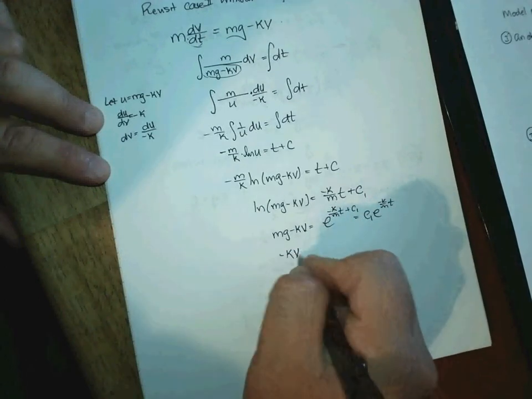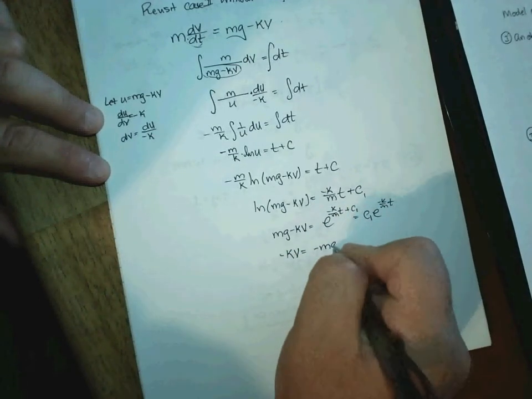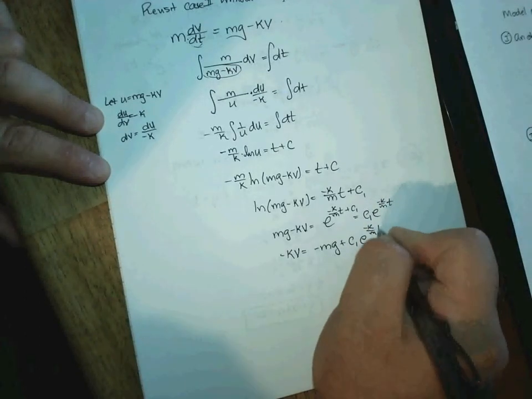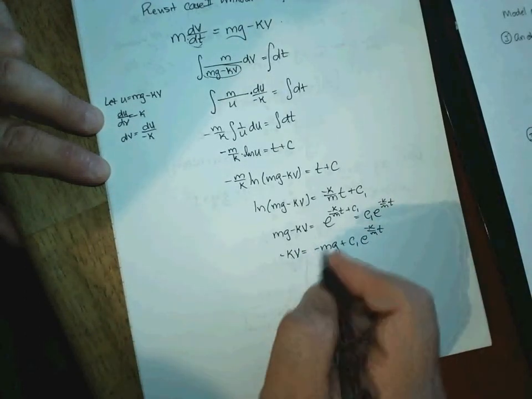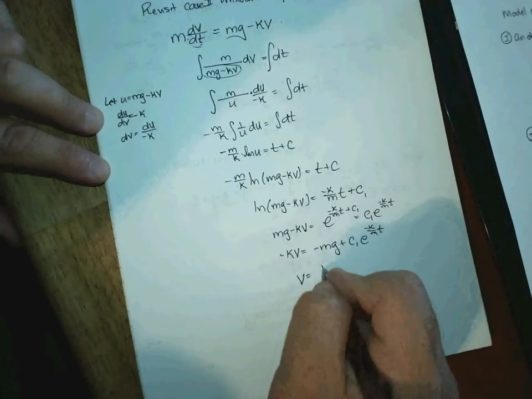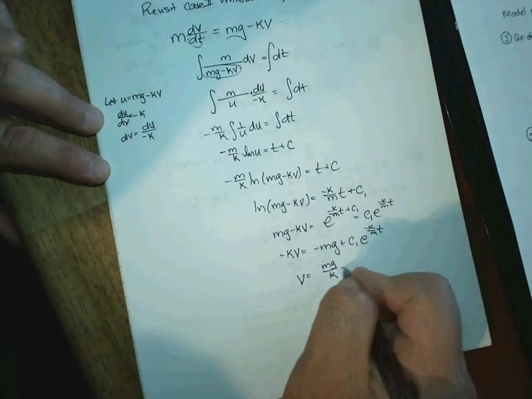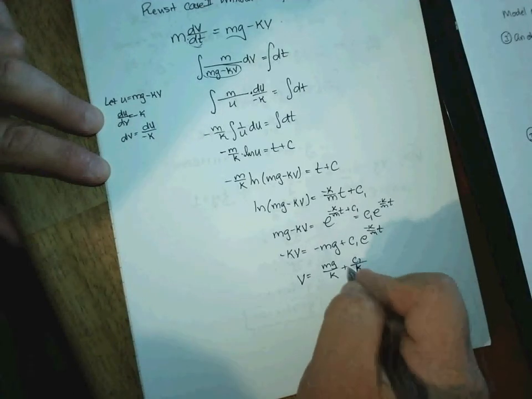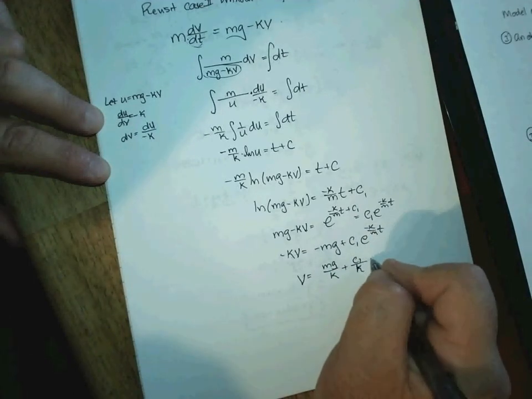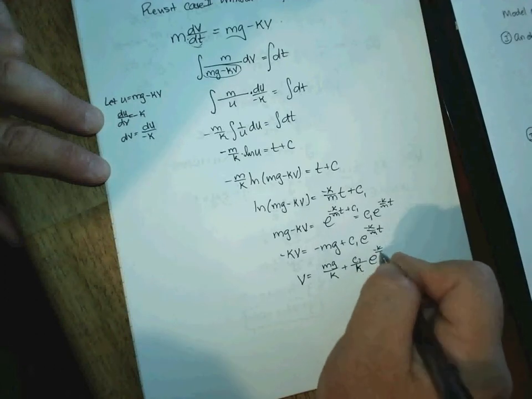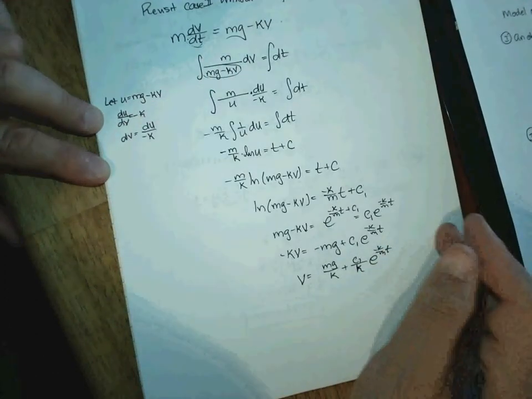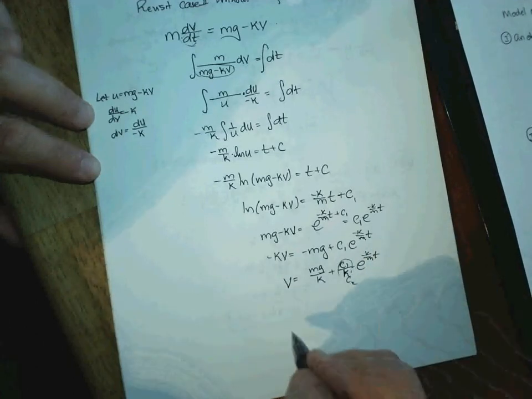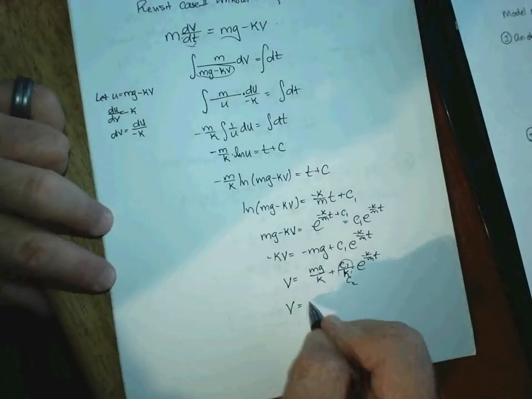I would subtract mg from both sides. Then I would divide both sides by the negative k. That's just going to be a constant divided by k, which is yet another constant. Call that C2.